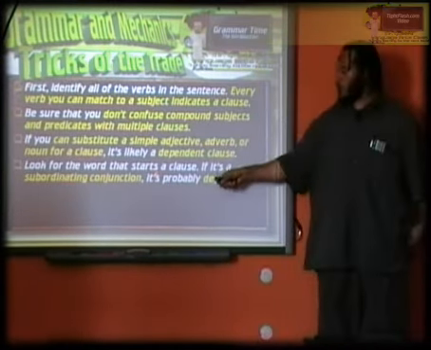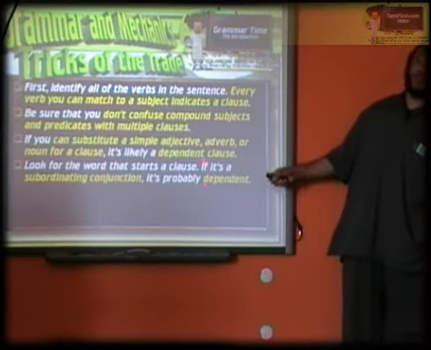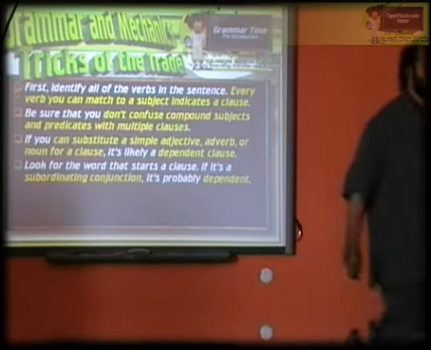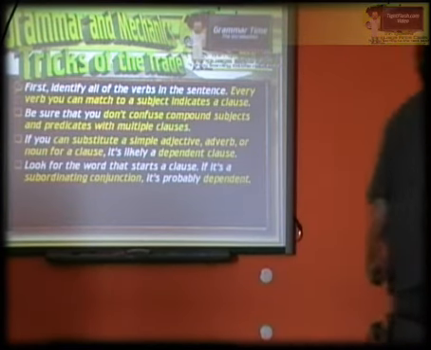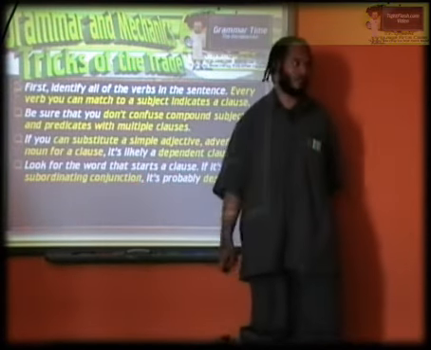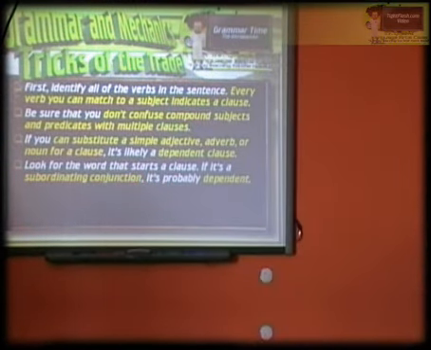Look for the word that starts a clause. If it's a subordinating conjunction, no one in here has ever heard this term before, so you need to write it down. Subordinating conjunction.